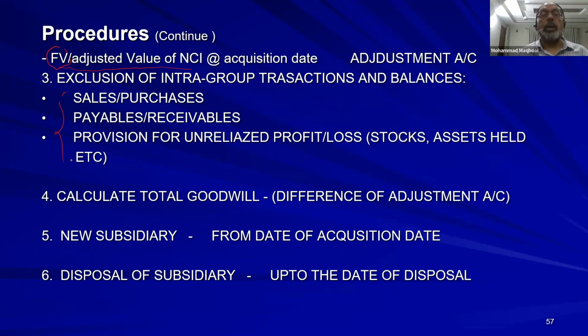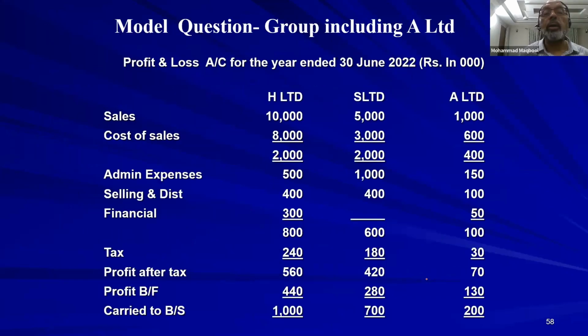Calculate the goodwill, and that goodwill is presented in the consolidated balance sheet, not amortized, but tested for impairment at each year end. If it's a new subsidiary, consolidate from the date you acquire control. If you dispose of a subsidiary, consolidate only up to the date of disposal and not after that. That's what we have already discussed.